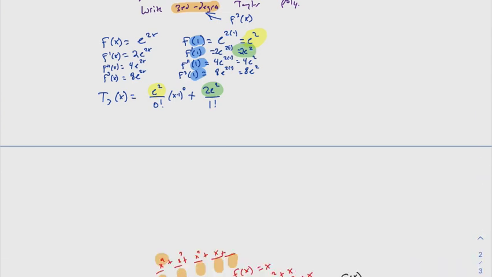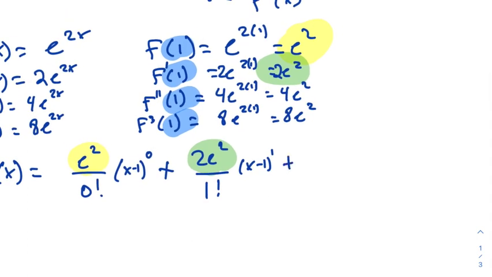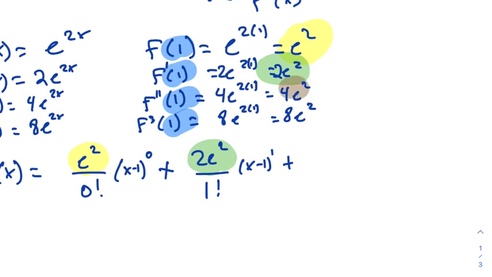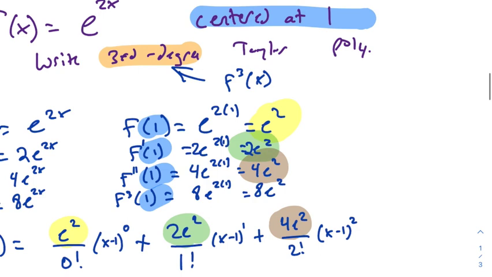So you see that we're plugging in the center. So then this will be times x minus 1 to the first power. Then our third term will be the second derivative. So we'll say 4e squared over 2 factorial x minus 1 to the second power.